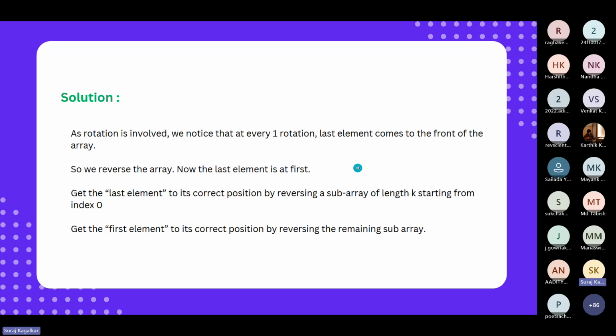So we reverse the array initially to bring the last element to the beginning. Then we fix the beginning subarray to get the initial last element to its correct position and the rest of the subarray elements to their correct positions, and we reverse the other subarray. This will be more clear when we look at the example. So let's just take an example where an array is given and let's say k is 3, right?